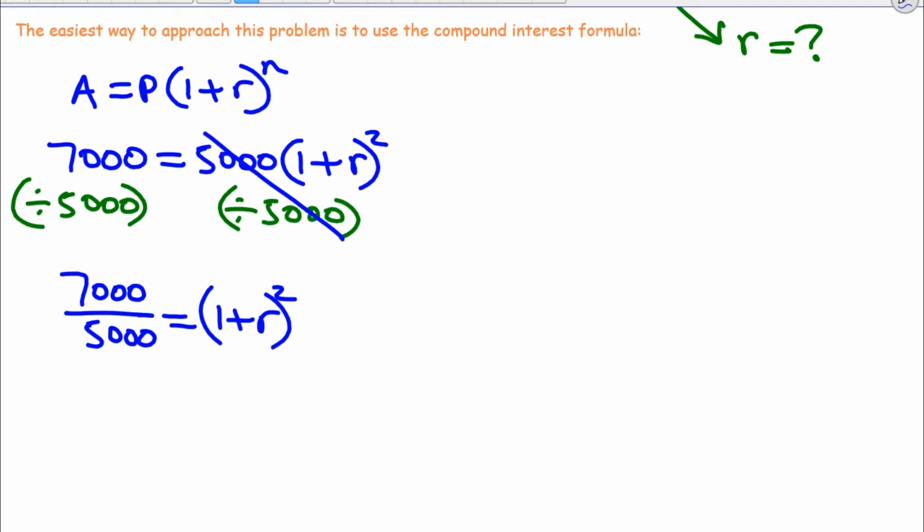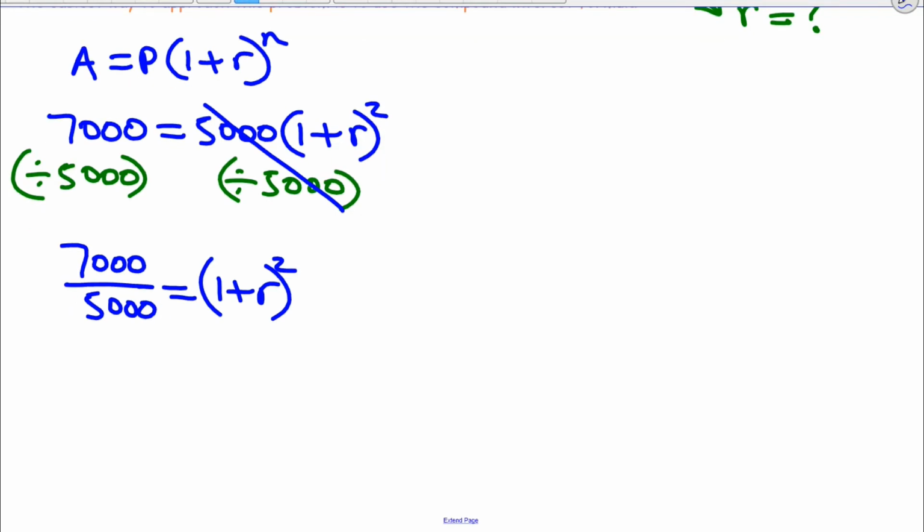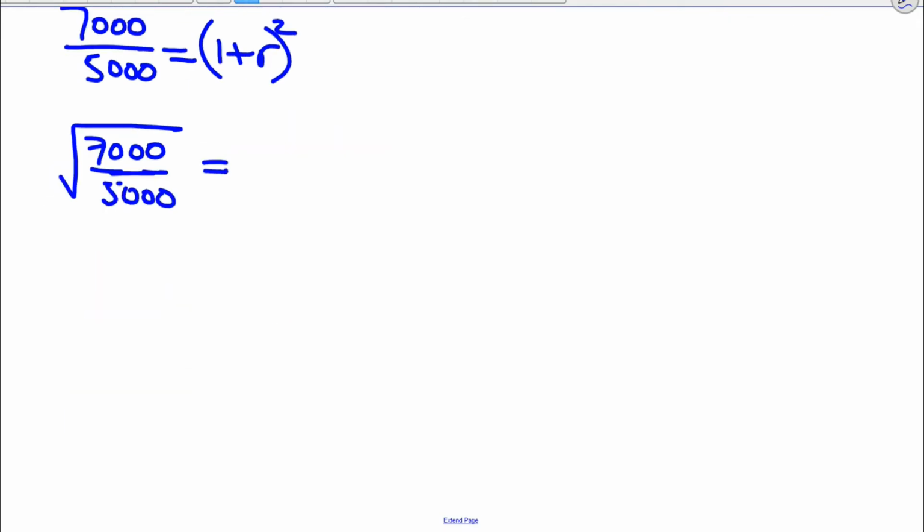Now the opposite of squaring is square rooting. So basically what we'll end up with here is the square root of 7,000 over 5,000 is equal to 1 plus R. Okay, so this will be equal to 1 plus R.